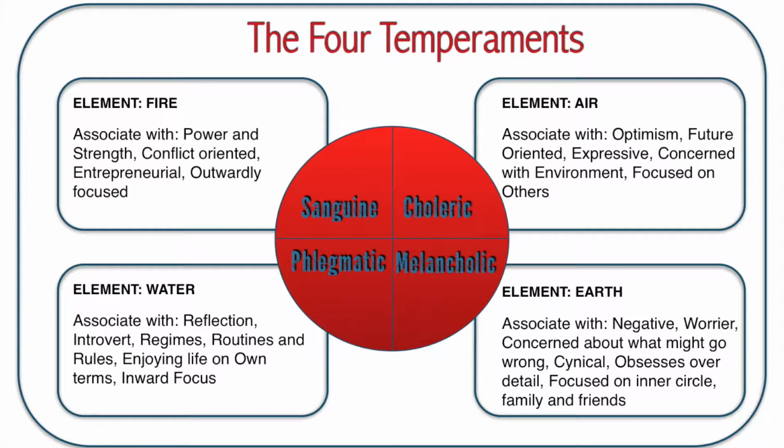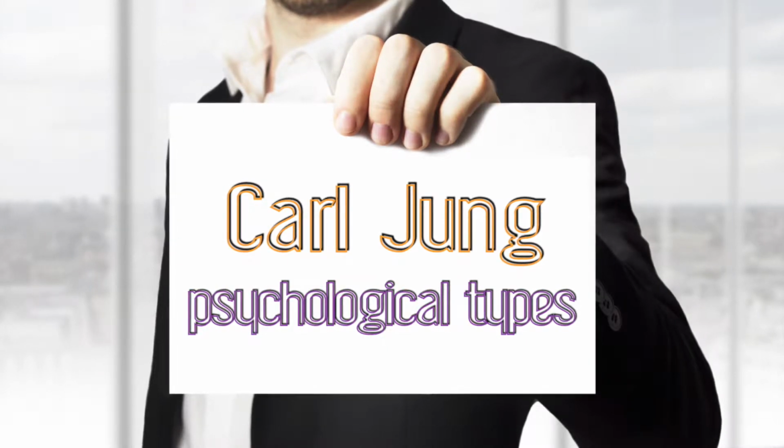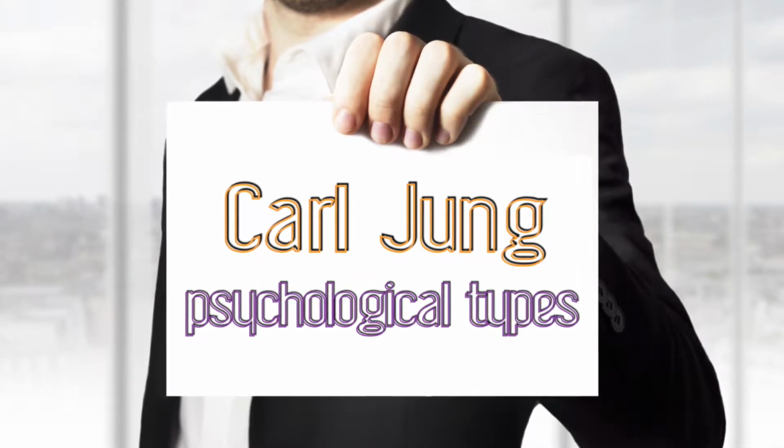In 1921, Carl G. Jung brought this ancient understanding into popular consciousness through his book, Psychological Types. Carl Jung founded analytical psychology.